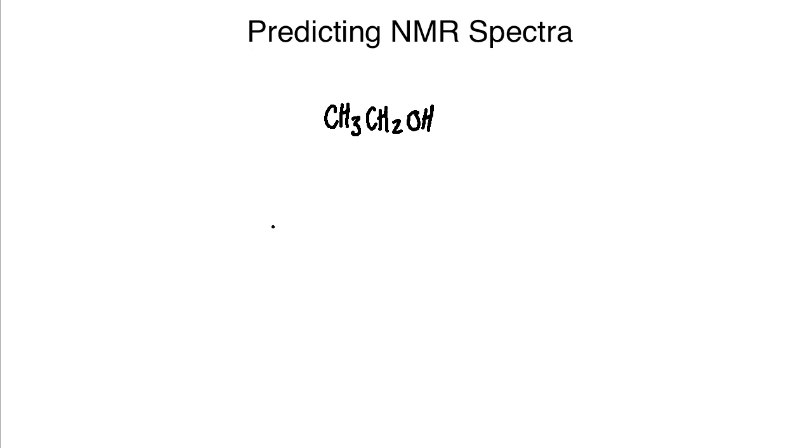So the first thing I want to do here is draw ethanol out in more detailed structure. Now, if this helps you, especially while you're practicing, I would encourage you to take the time and draw these structures out.